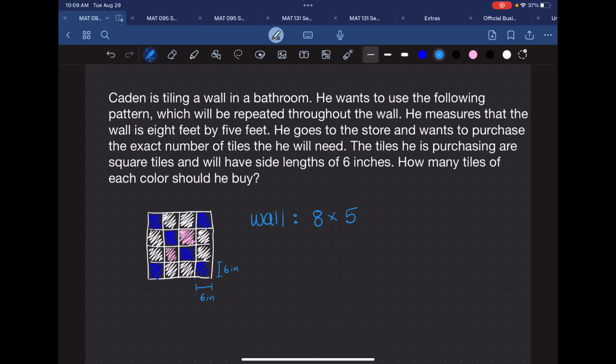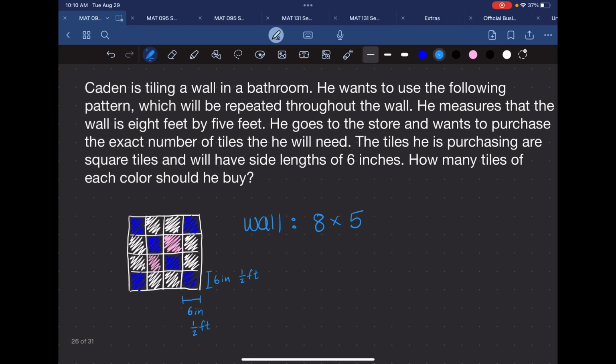I'm going to go ahead and convert the 6 inches to 1/2 a foot. So we have 1/2 foot by 1/2 foot tiles, and then we have an 8 by 5 foot wall, which I will list the units here. 8 foot by 5 foot.